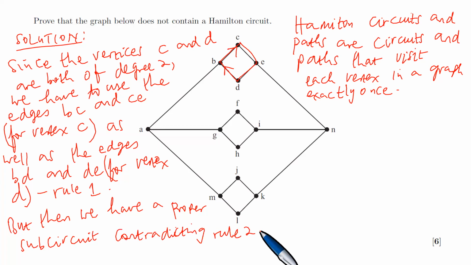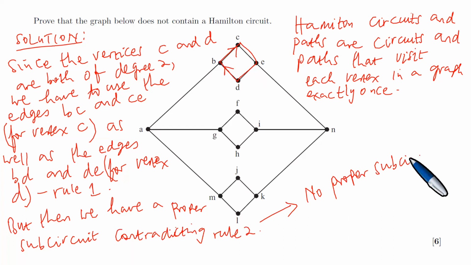Okay, rule 2, what does rule 2 say? Rule 2 says there must be no proper subcircuit. That is rule 2. So rule 2 says there must be no proper subcircuit, but there is a proper subcircuit here. What is a proper subcircuit?